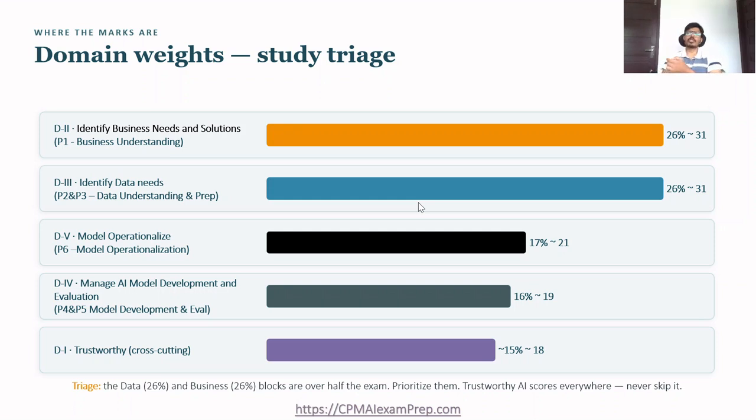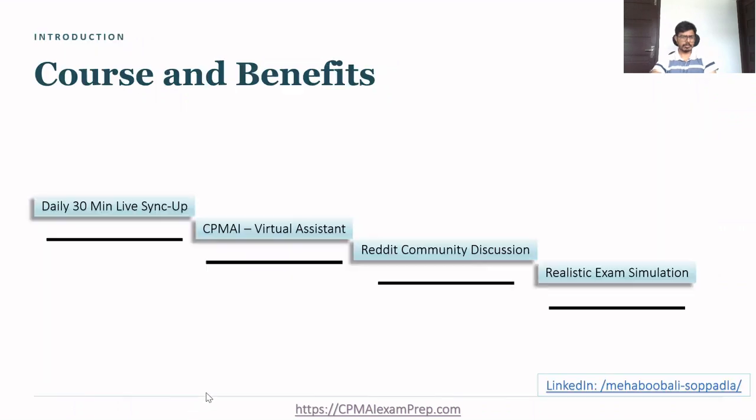Next, we will see what the roadmap of this course looks like. Before we get into the roadmap, let me quickly explain how I structured my course. Along with this course, you will have additional benefits also. You will get a daily 30-minute interactive live online session with me.